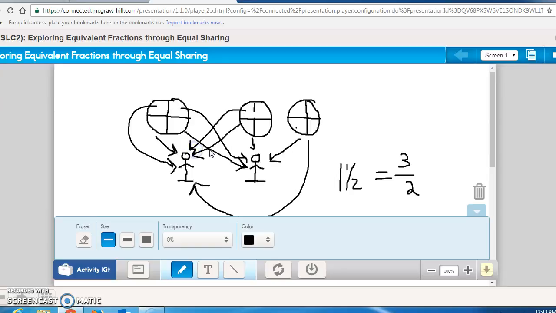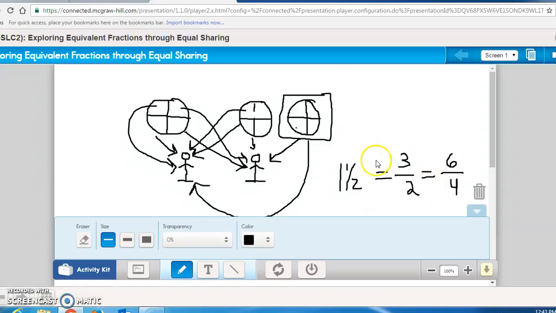Wow, there's going to be a lot of parts there. So that means each boy would get 6 pieces of pizza out of how many were each pizza cut into? 4. So if you notice, 6/4 equals 3 halves, which also equals still 1 whole pizza and a half.